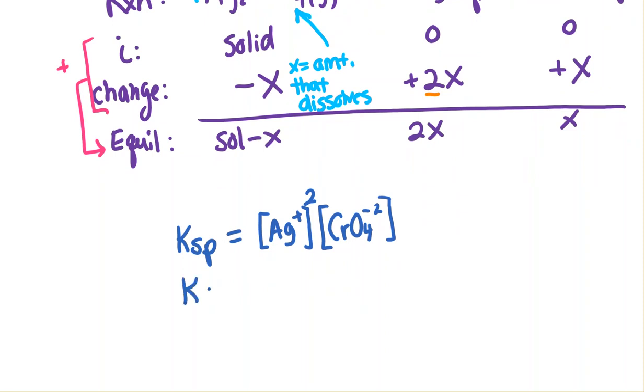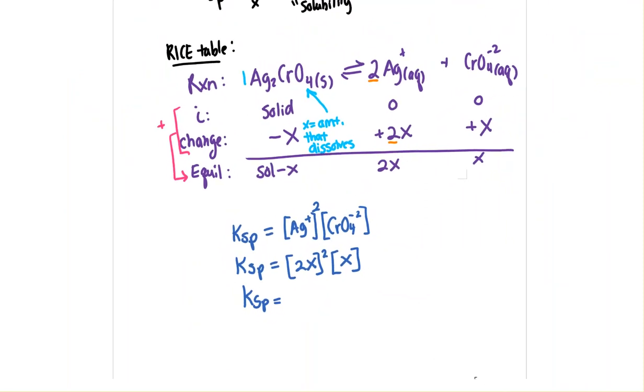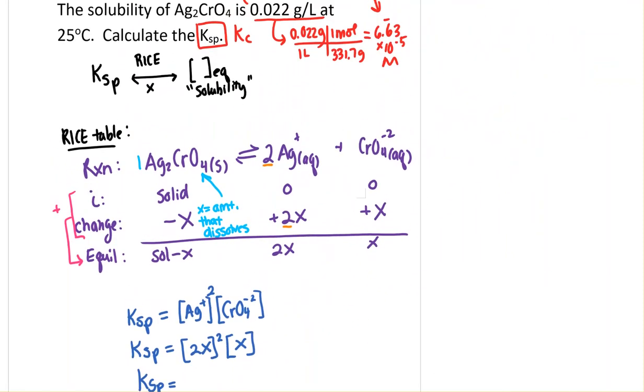So I can plug in my x's now. And then I might say, wow, it would be great if I had numbers for x. I could get my KSP, my solubility product for this salt. But you know what, I have it. We solved for it up here. So let's look up here.